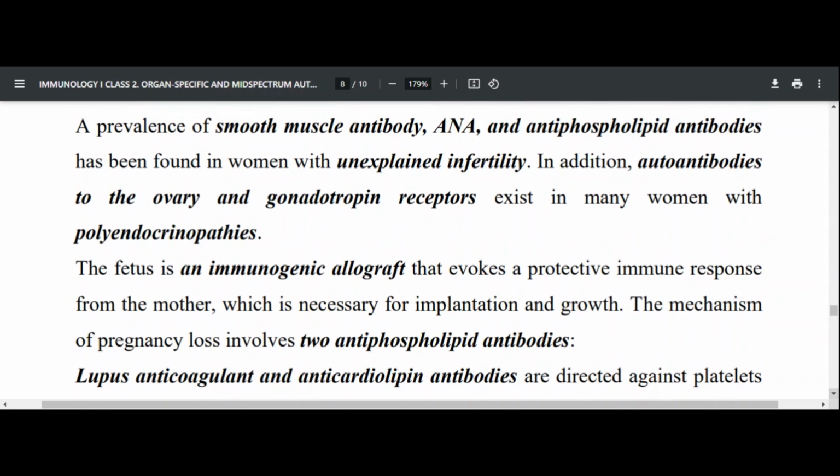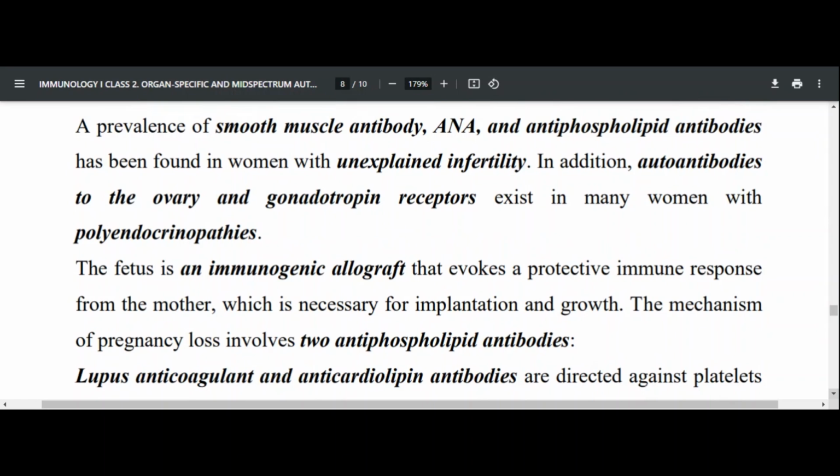But in some women with unexplained infertility, sometimes you find the presence of anti-smooth muscle antibodies, anti-nuclear antibodies, antiphospholipid antibodies, but also autoantibodies to the ovary and gonadotropin receptor, which exist in many women with polyendocrinopathies. Polyendocrinopathies are a condition in women with very many endocrine problems, very many endocrine disorders.